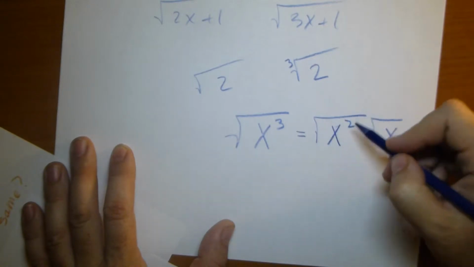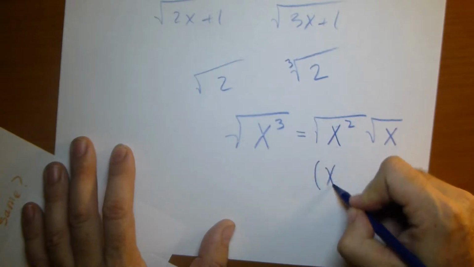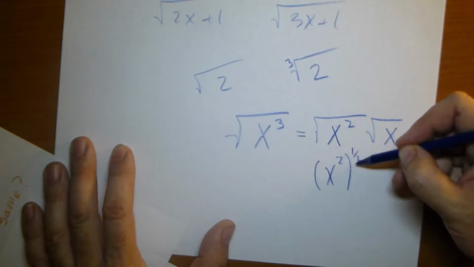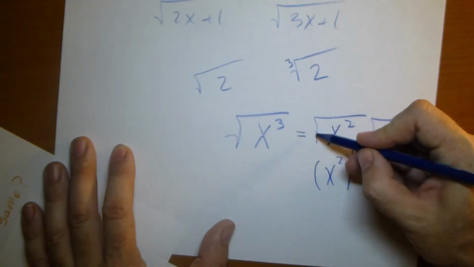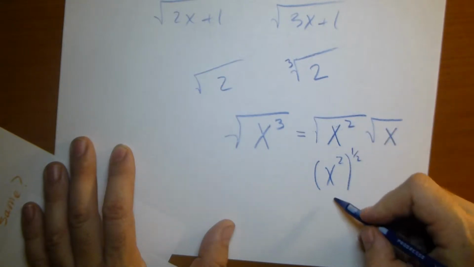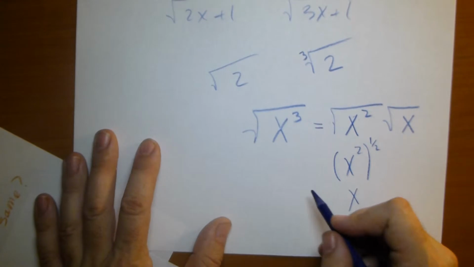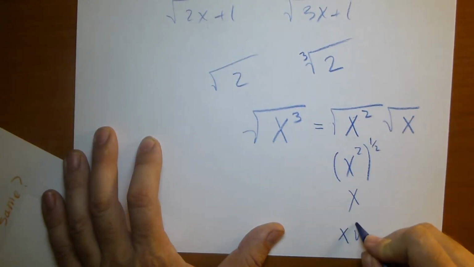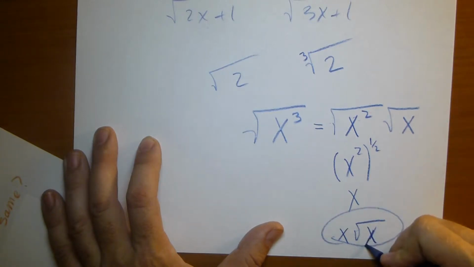The square root of x squared, that's x squared to the 1/2. Of course, those are our rational exponents. So the square root of x squared is really just x. So the square root of x cubed is x times the square root of x. That's as much as we can simplify it.